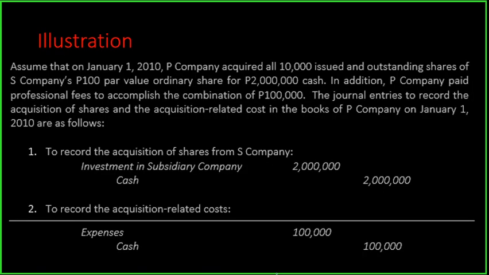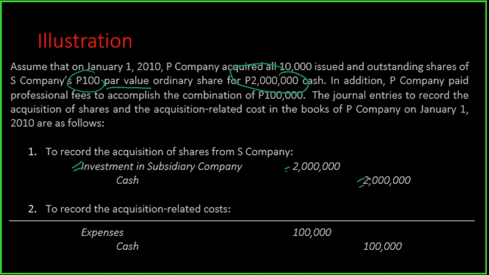I'll show you an illustration. Assuming that you acquired all 10,000 issued and outstanding shares of S company, with a par value of 100 pesos, for 2 million pesos. The journal entry is as easy as debiting your investment in subsidiary company and crediting your cash.